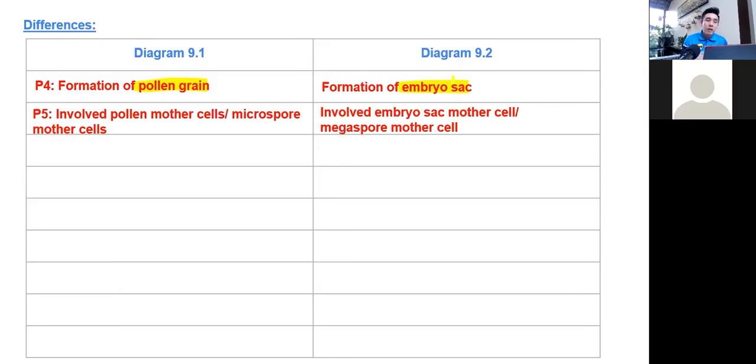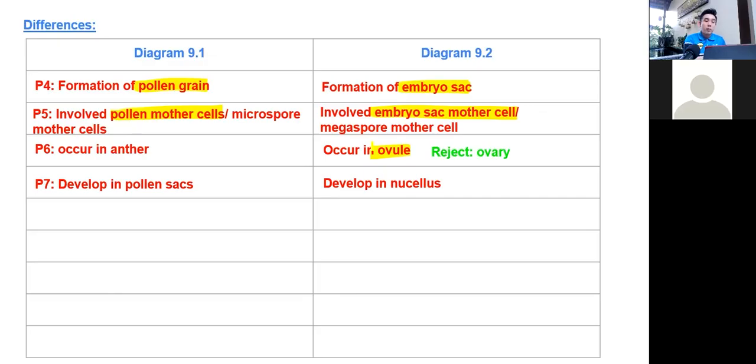To form pollen grain, we need pollen mother cell. To form embryo sac, we need embryo sac mother cell. Location-wise, the formation of pollen occurs in the anther, while embryo sac occurs in the ovule. They don't accept ovary, because ovule is more specific.